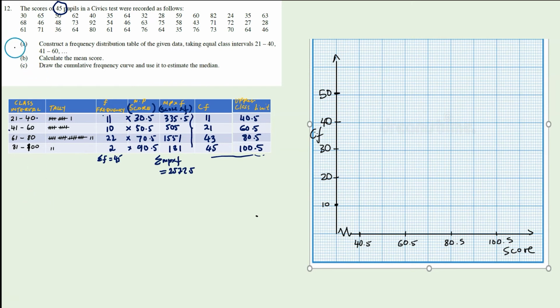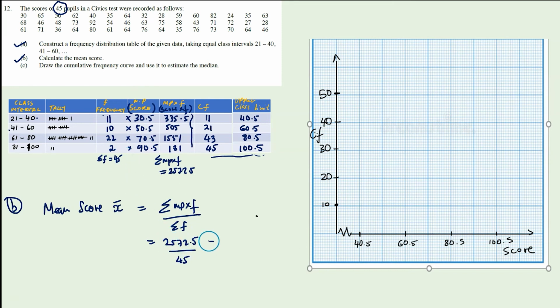Okay, so for part B, we need mean score. So mean score is written as X bar, which is equal to the total of midpoints times frequency divided by the total frequency, which is going to be 2572.5, and the total of frequency is 45, which is going to give you 57.17.